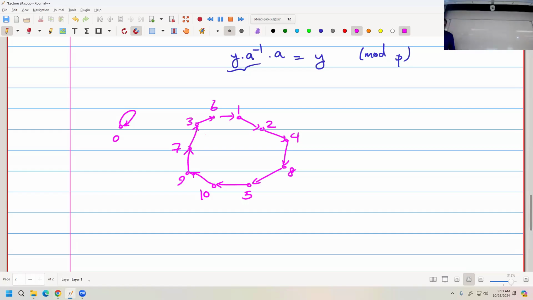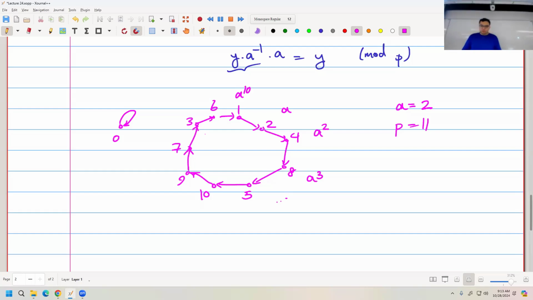So in this case, this is a cycle of length 10, right? So I have that A is 2 and P is 11. So in this case, I got a cycle of length 10. But what is this cycle? This is basically just saying A squared, A to the power of 3, so on. And this is a cycle of length 10. So this one at the end is actually A to the power of 10.